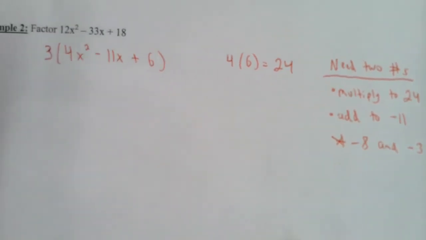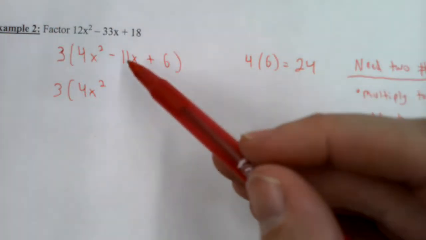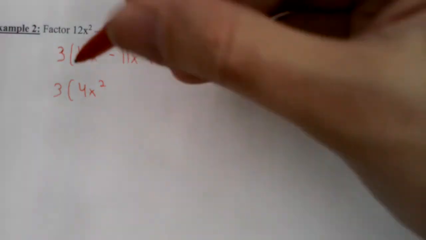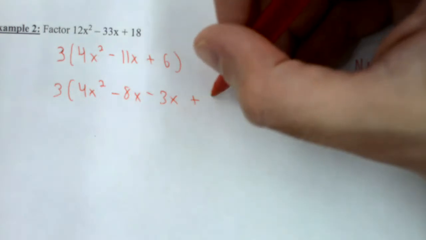So now I'm going to rewrite this: 4x squared, and you substitute in for negative 11x with the two numbers you just got, negative 8x and negative 3x.